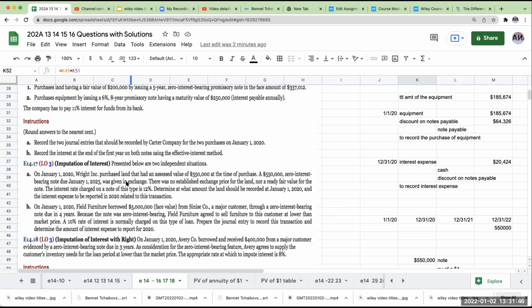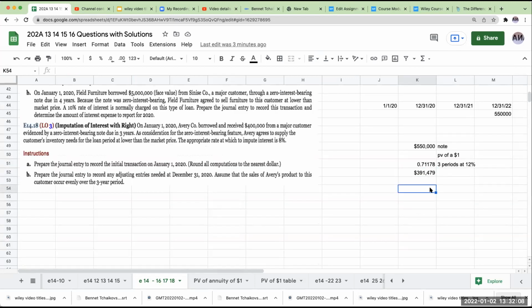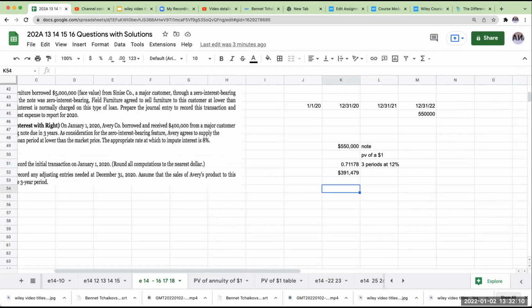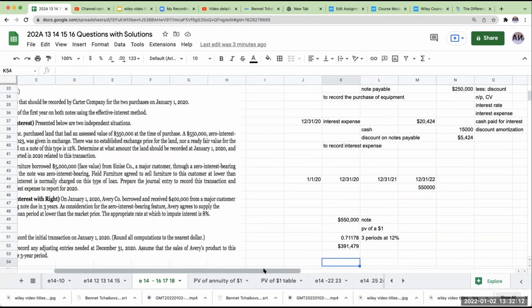The assessed value in this case of 350 may not be an indication of market value. So as I look at this, discounting the $550,000 note at 12% is probably the way we want to go with this. So we'll go ahead and leave it at 391,479.